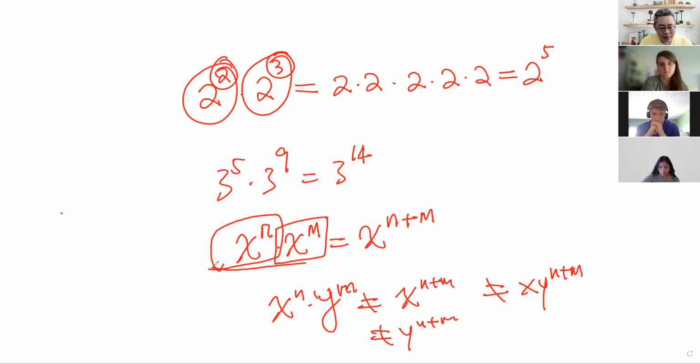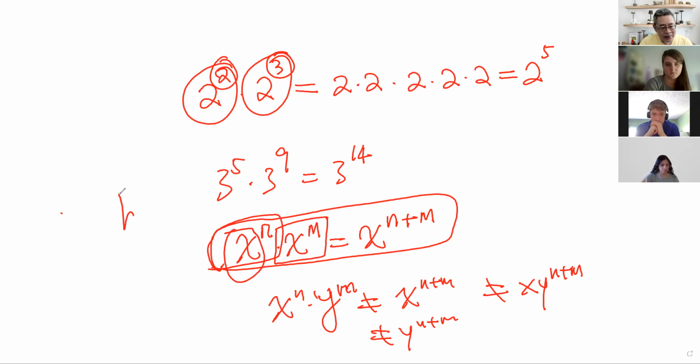So this only works when we have the same base. It's important. Now, we call this number our base, and on the top here, we call that the exponent. That's just a term for it. Okay, we good on this one?